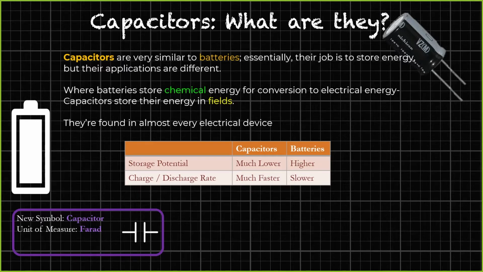And here's some differentiating factors. Capacitors can store so much faster than batteries. They can build up charge so much faster, and they can discharge so much faster. But their storage potential, pound for pound, batteries have it beat.